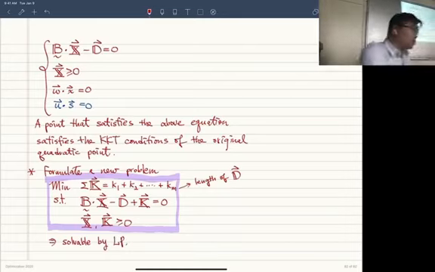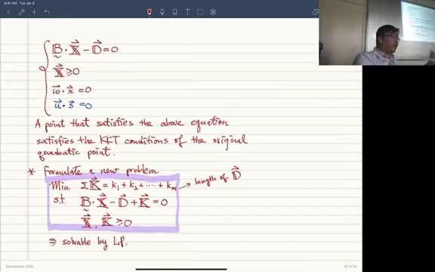Right? Because we only have equality constraint, and all the variables are positive, and we have a linear constraint.